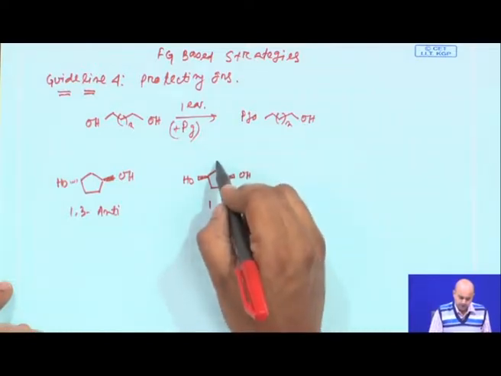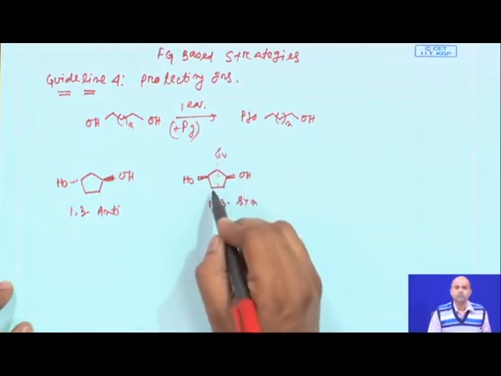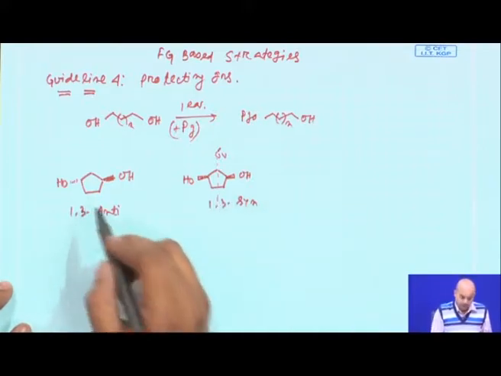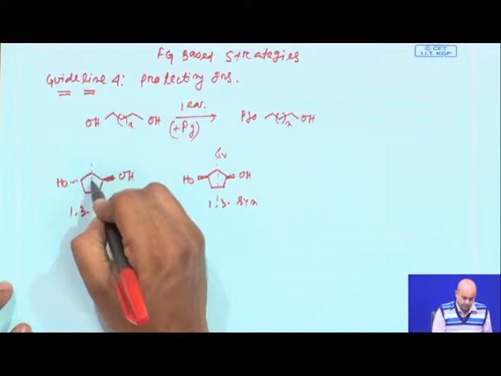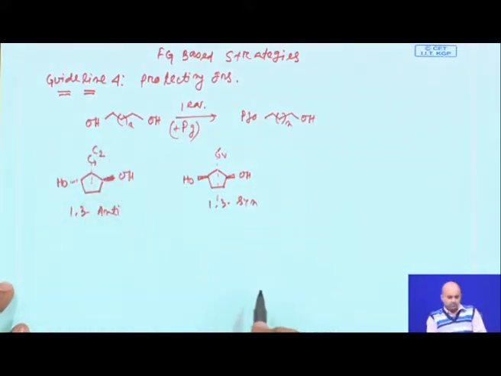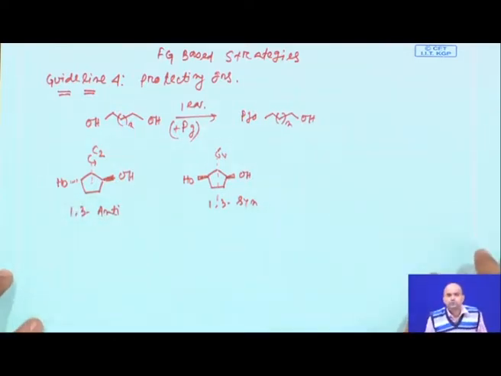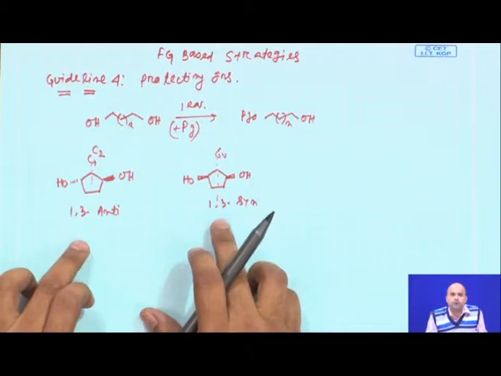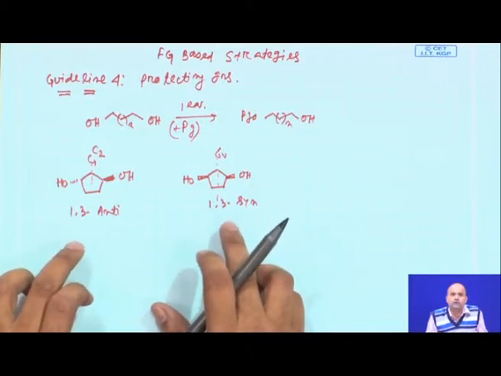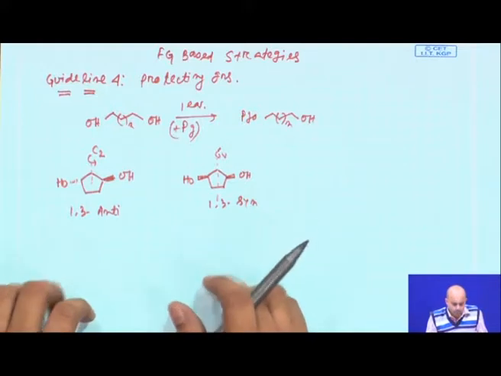The right hand side molecule will not have chirality because it has a mirror plane of symmetry sigma v, but the other molecule is chiral and has a C2 axis of symmetry. When you try to protect these kinds of compounds, which are very good building blocks for the synthesis of natural products or other molecules, you need to be careful.